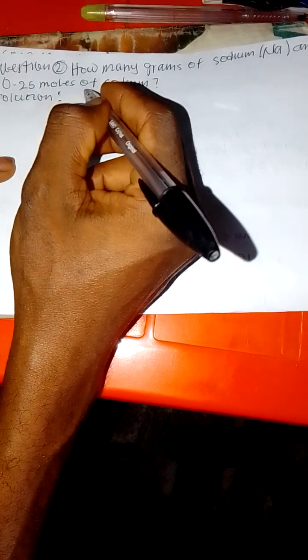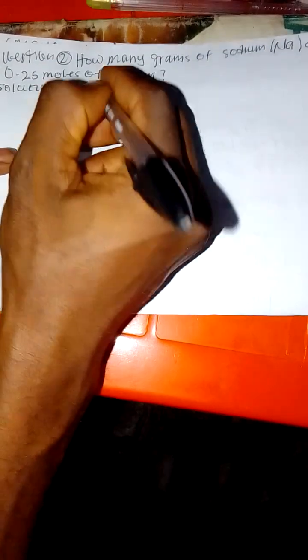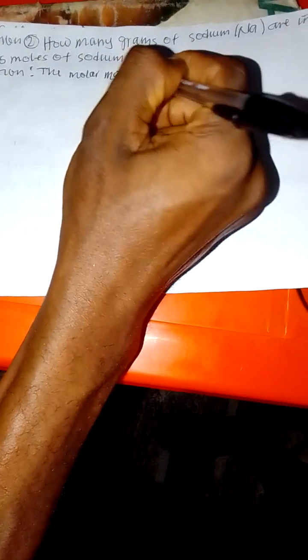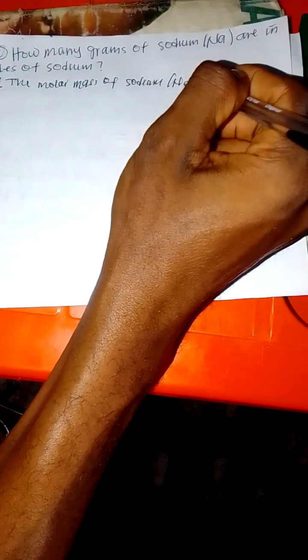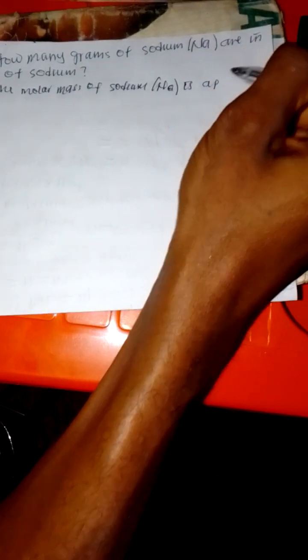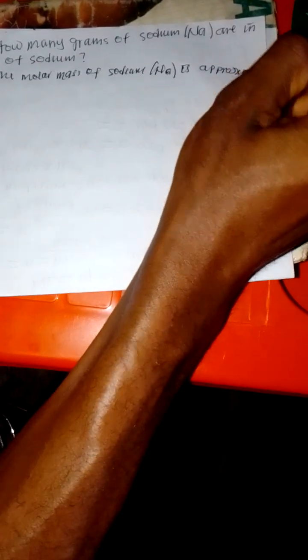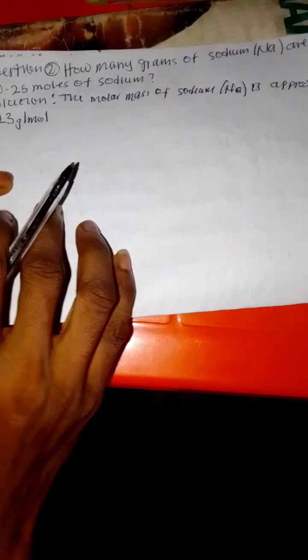So the solution: first thing we need to find is the molar mass of sodium. The molar mass of sodium is approximately 23 grams per mole.